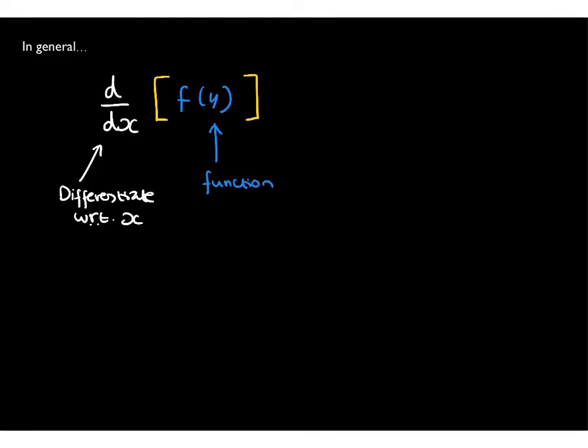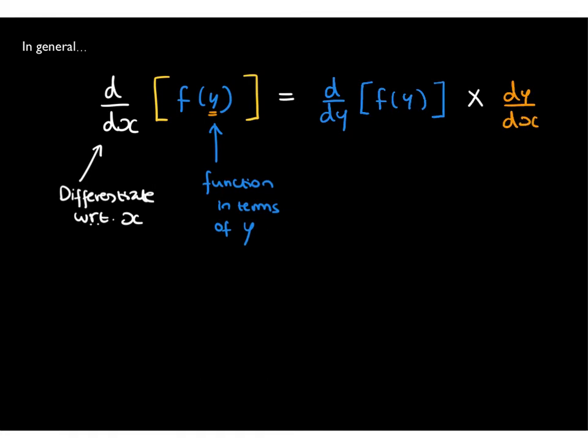So the function being differentiated is in terms of y or some other different variable. Now, think about the chain rule. Start off by differentiating the outer function. So we would do d by dy of f of y, but we then multiply by dy by dx because we've got to differentiate this inner part here. So dy by dx. And that's a general result that we can use.